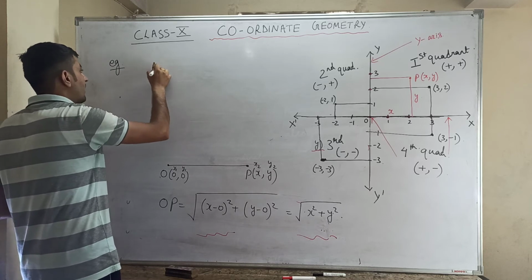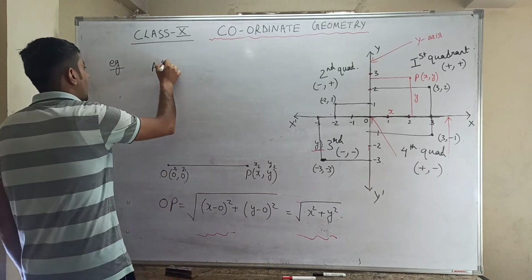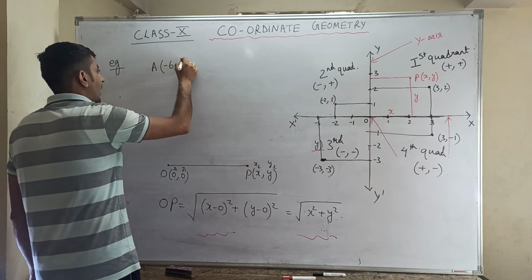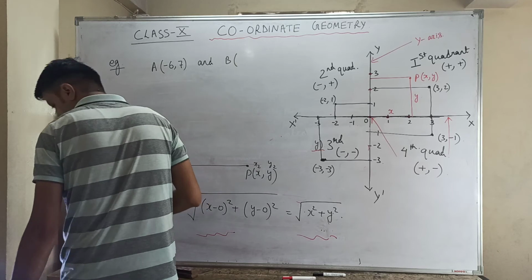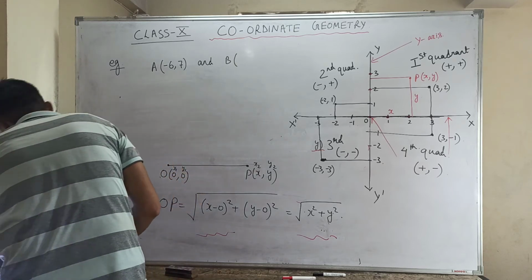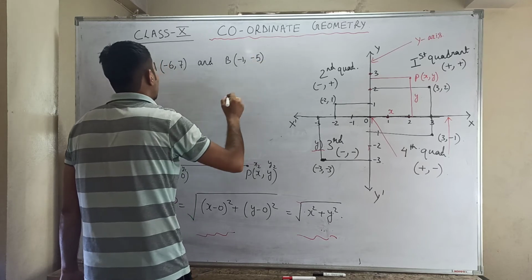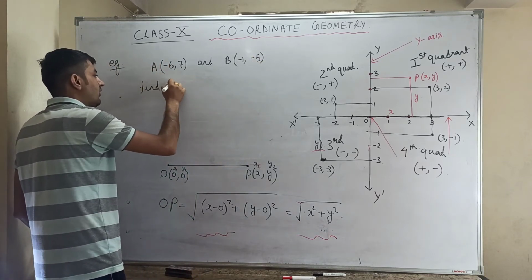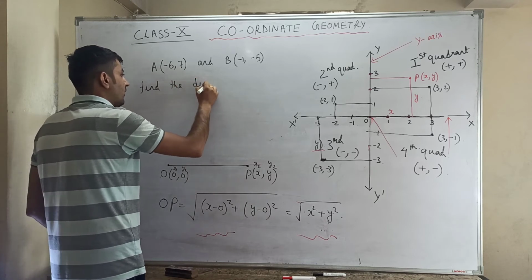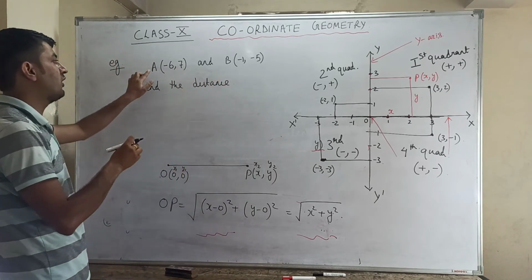Suppose one point A is given to be minus 6, 7, and your B is given to be minus 1, minus 5. Then they ask you to find the distance. Sometimes they may not name the points.